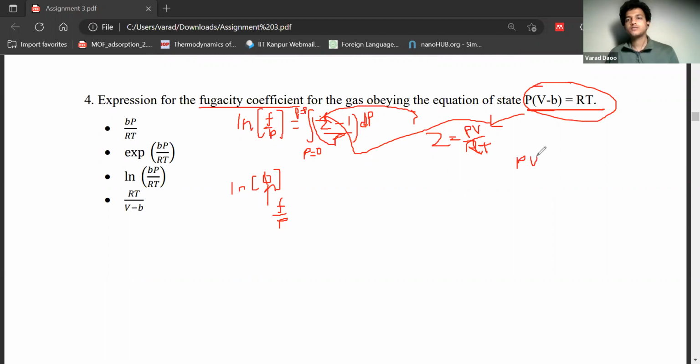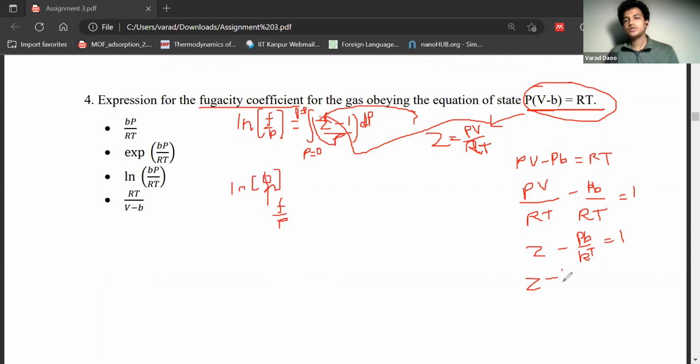Okay, so I'm just going to simplify this expression. PV minus Pb is equal to RT. Then divide everything by RT. PV by RT minus Pb by RT is equal to 1. This is what Z is. Z minus Pb by RT is equal to 1.